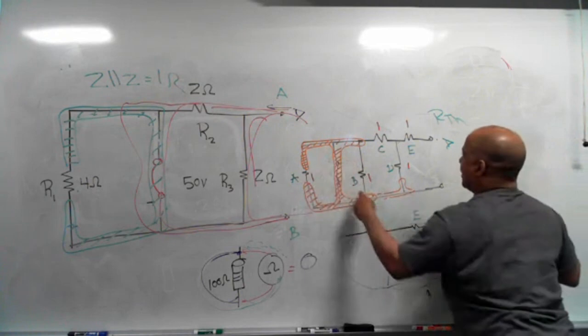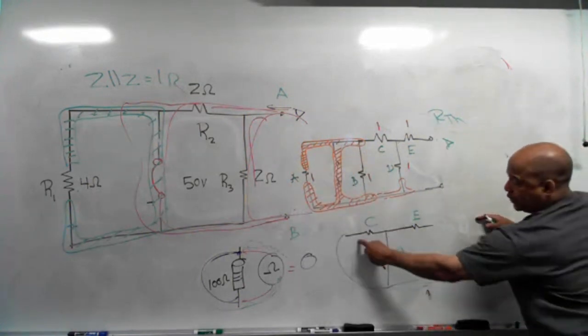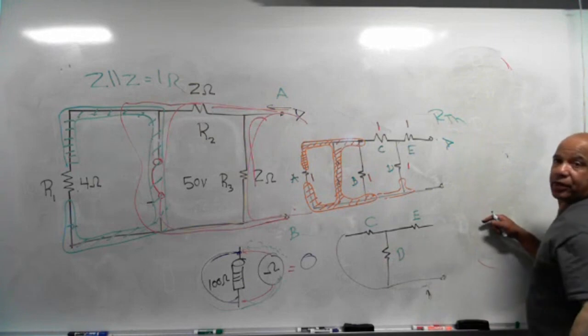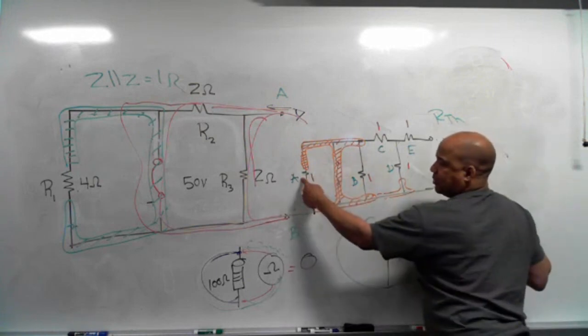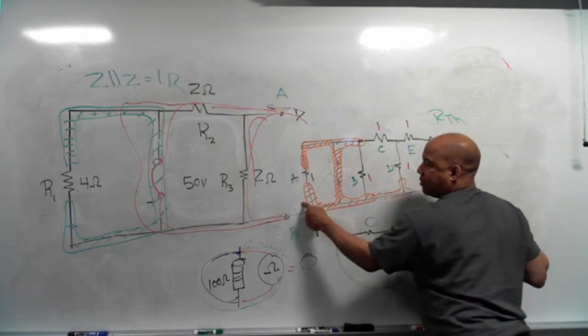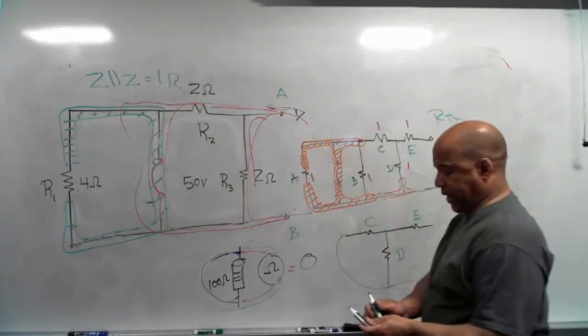So by doing that, this is actually this right here. So these two are in parallel, and that's in series. And I can see that because when I shade this in, any resistor that has the same color on the top and the bottom is shorted out. So that's a good way to do that, guys.